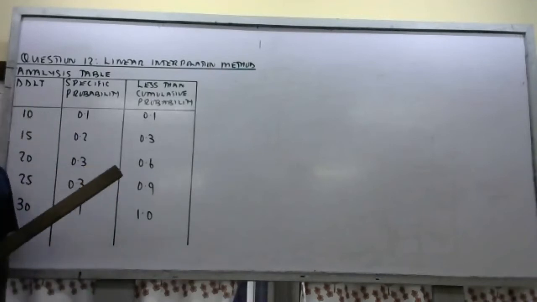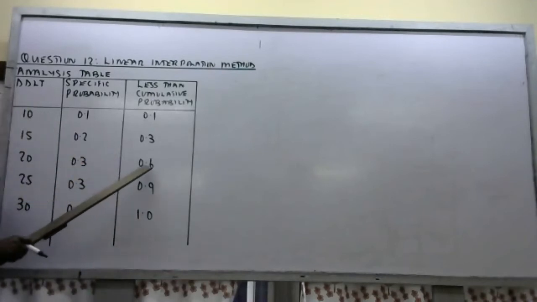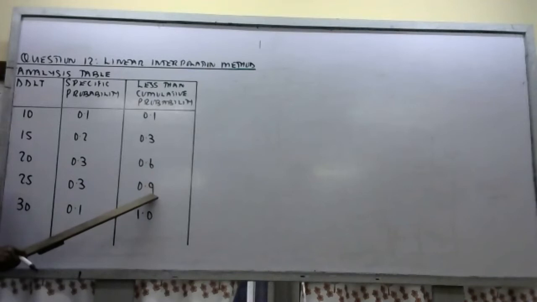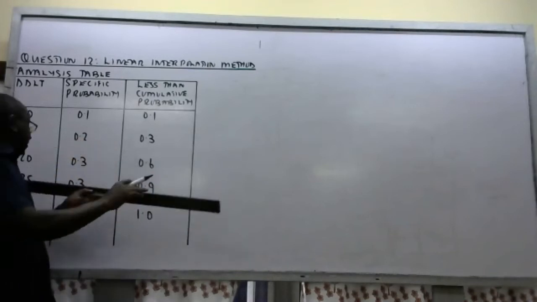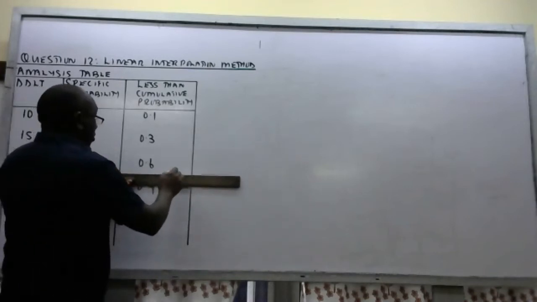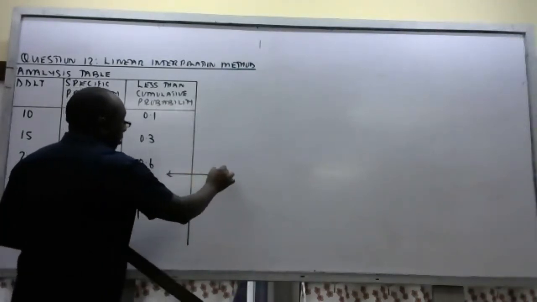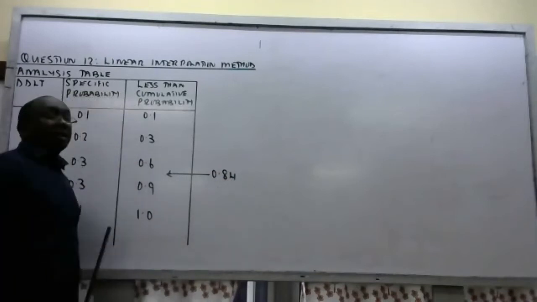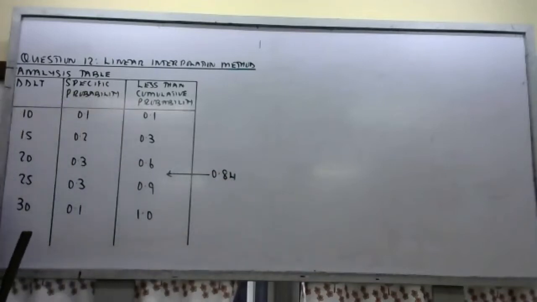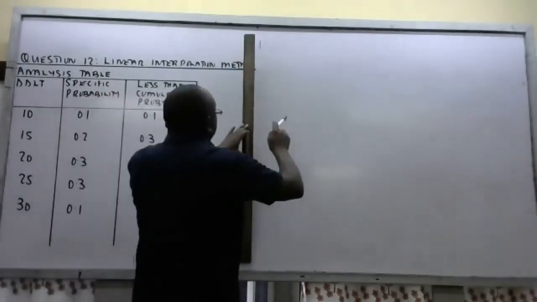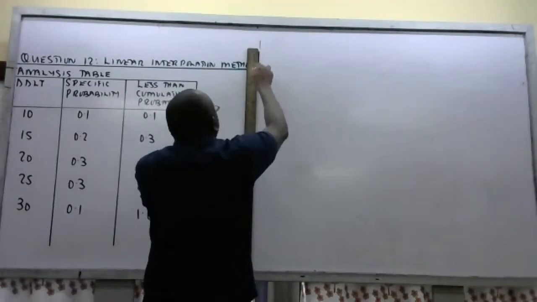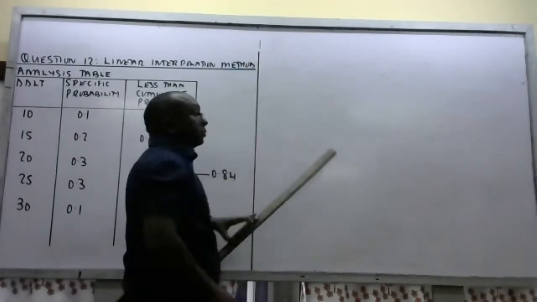Okay. Now the service level is 84%. So 84 is between 60 and 90. So what you do, you just draw a line like this, and you show that 84 is somewhere in between.